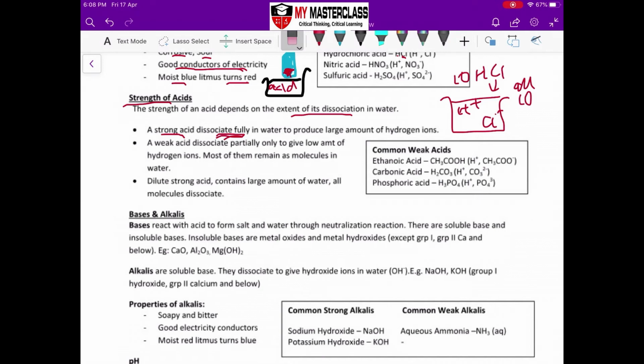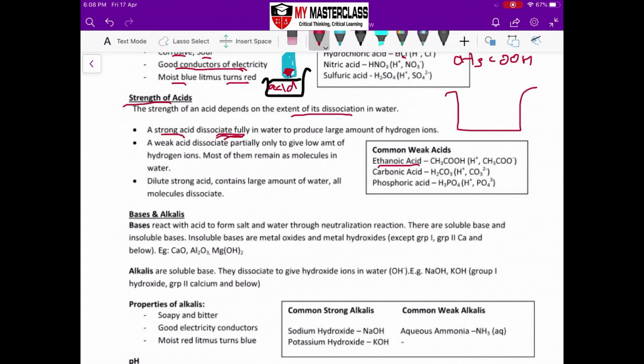Okay, so in the same example, I have a beaker of water, and then now I have a weak acid over here, CH3COOH. This is a very common example of the weak acid. It's called ethanoic acid. If I have 10 CH3COOH, I put it inside water.